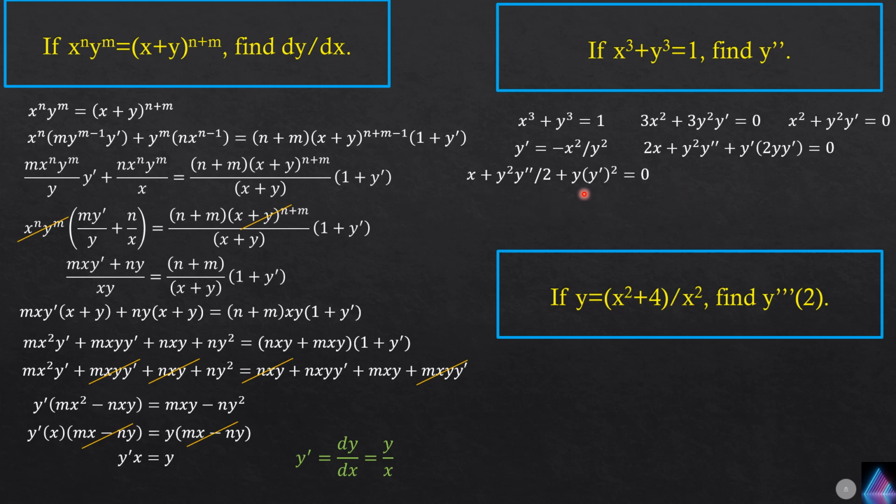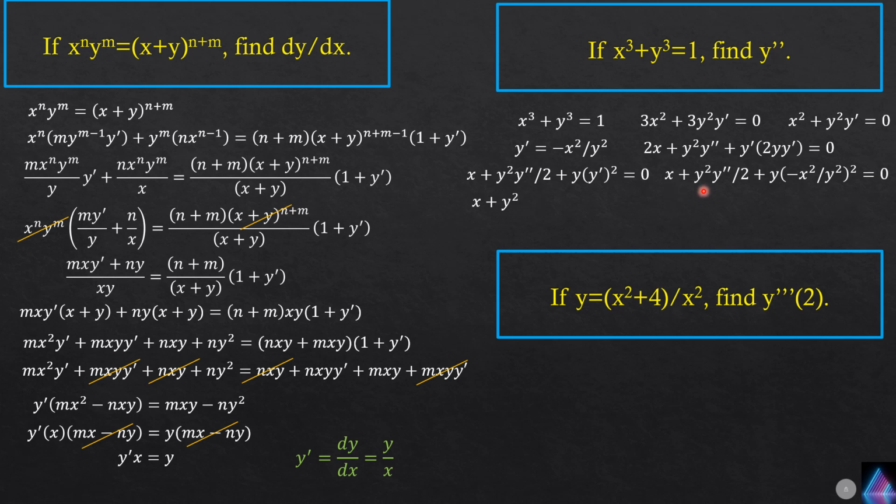We replace y prime by negative x squared over y squared into the third term. So x plus y squared y double prime over 2 plus y times (negative x squared over y squared) squared equals 0. We then simplify this third term into x to the fourth over y cubed, because we cancel y to the 1.